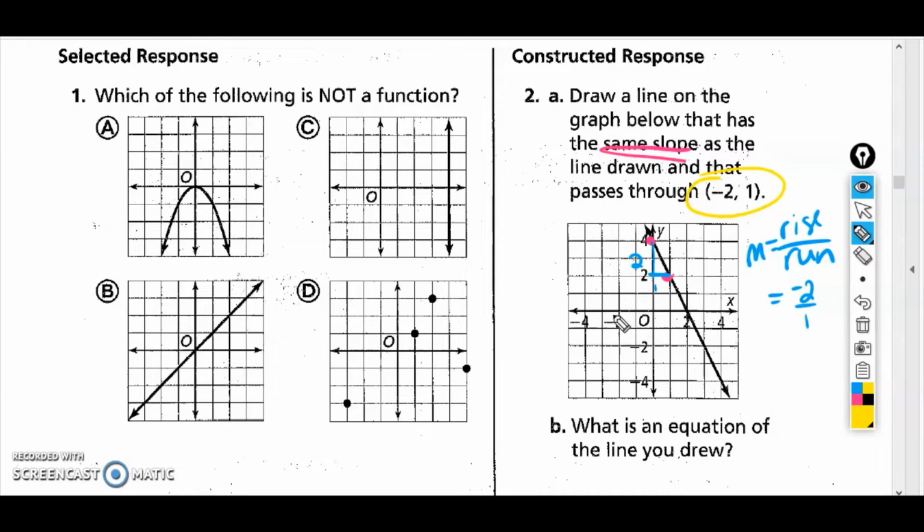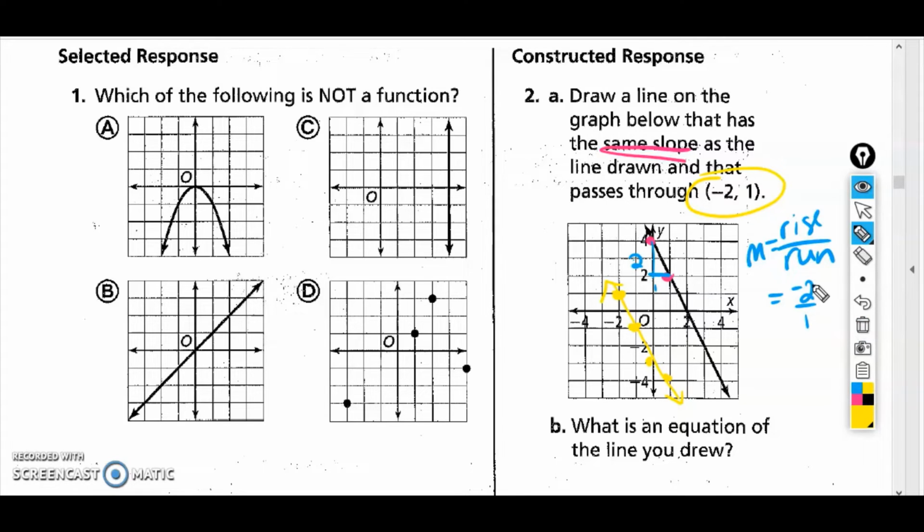So negative 2, comma 1. And then I need to do the same slope as the other one. So down 2 over 1. I want to do a couple of these coordinates so it's a little bit easier because it's hard for me to draw a straight line with this program. Okay, so there's my line. What is the equation of the line you drew?